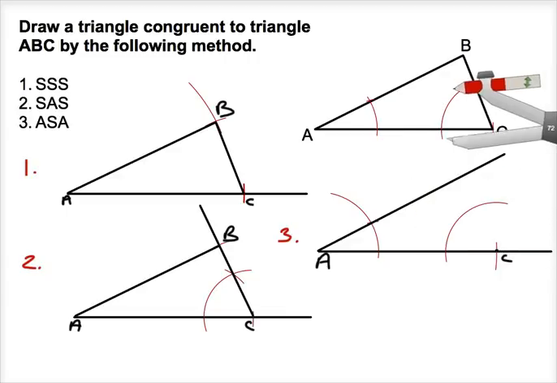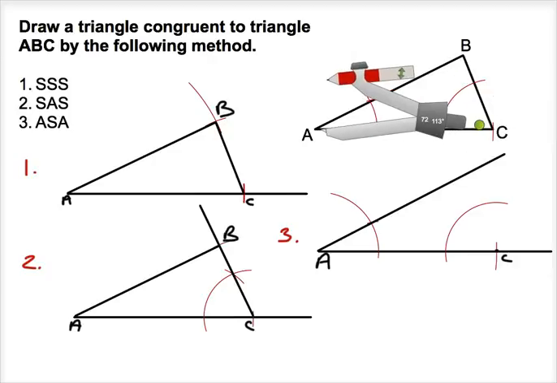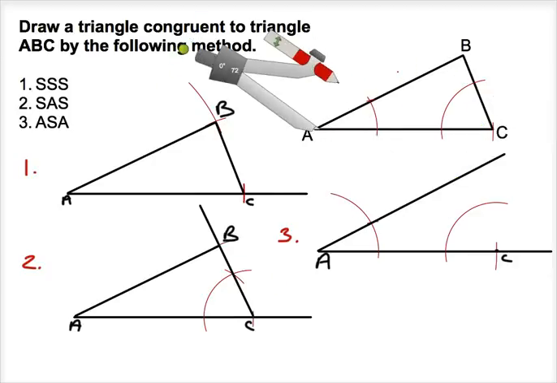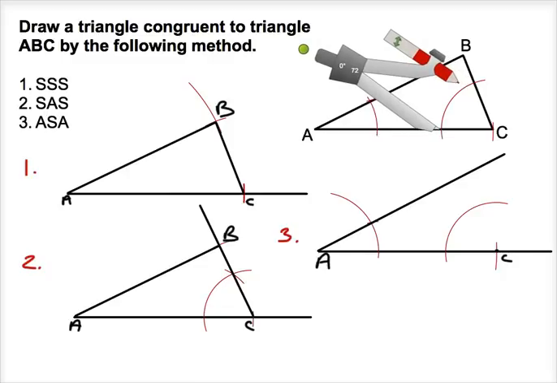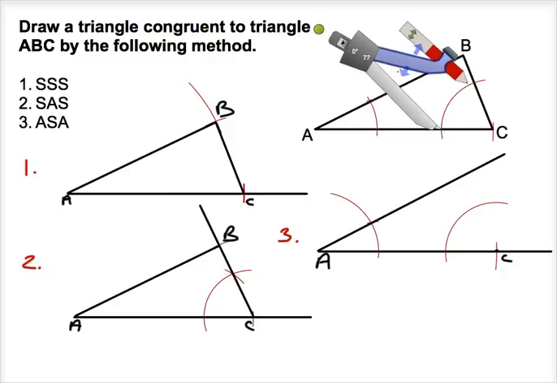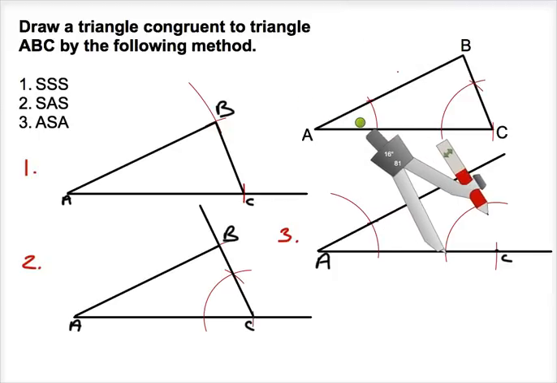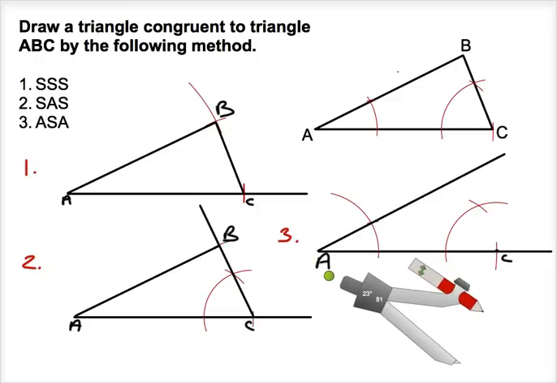And now I just need to measure how big is the opening for angle C. So I have my opening, I transfer that down here. And I know my angle is there. And now I know where point B is, because it's the intersection of the other two sides.